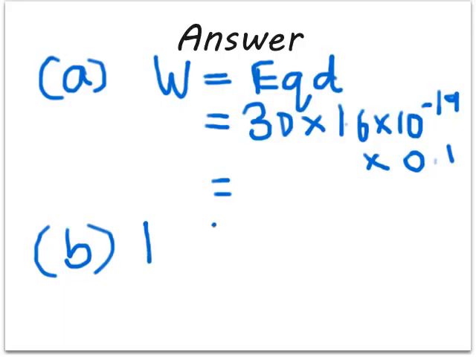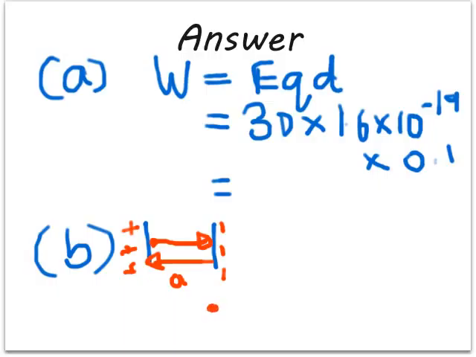Now B is asking us, we've got the electron, we've pushed it against the field to here, against the way it wants to go, so this must be negative there, positive on that side. Now if we release it, it's going to want to accelerate coming back. How much energy is it going to gain?